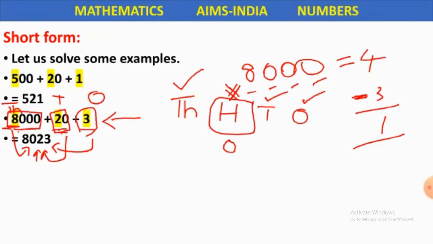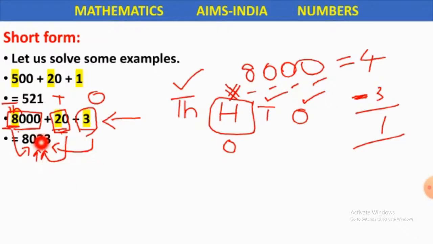See, now the first term in the question, which is 8000, had 4 digits, and the answer, which is 8023, also has how many digits? 4 digits. Yes or no, children?